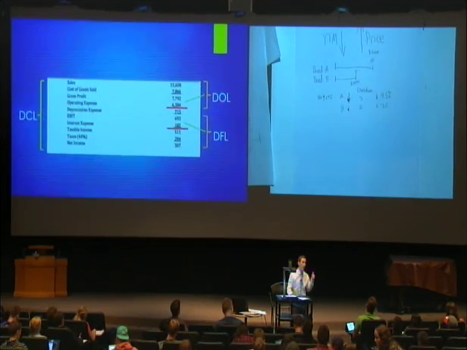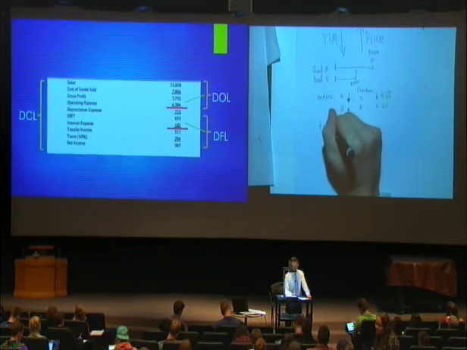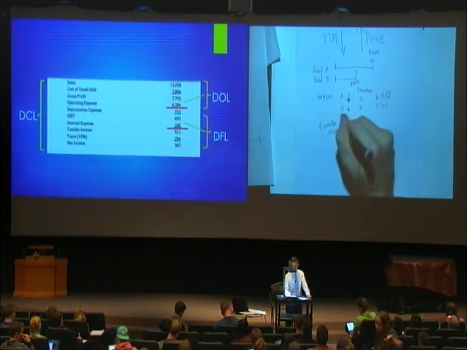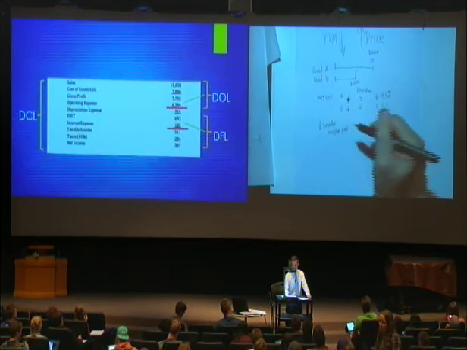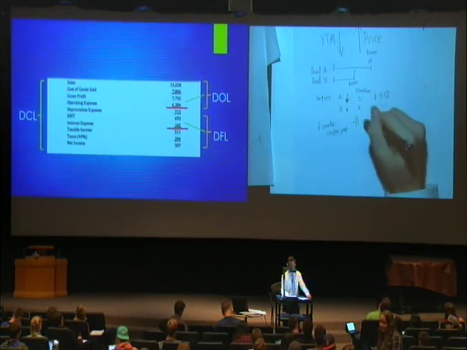But bonds also give us coupon payments. So a smaller coupon payment is going to increase my duration risk.